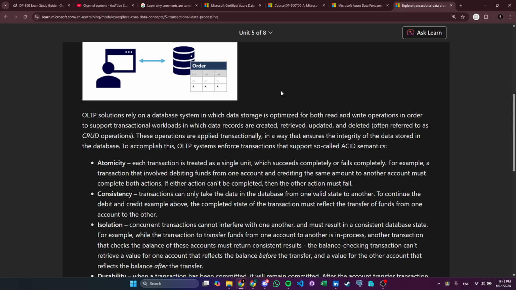The workloads are separated into four main types of transactions: create, retrieve, update, and delete. CRUD.